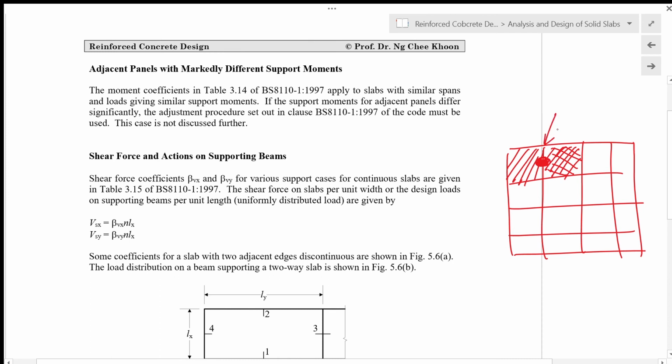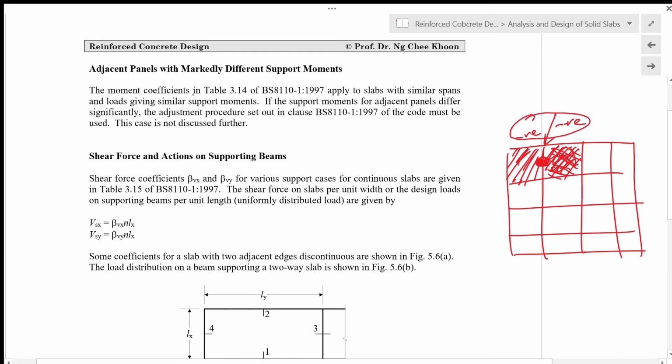So at this support there is one negative moment from this slab here, and another negative moment from this slab here. So these two values may be different, okay?